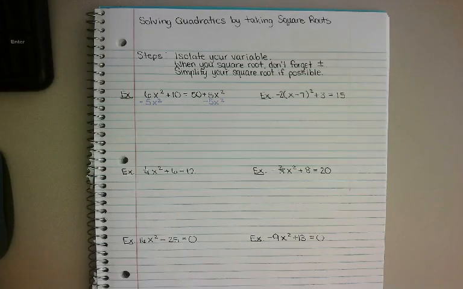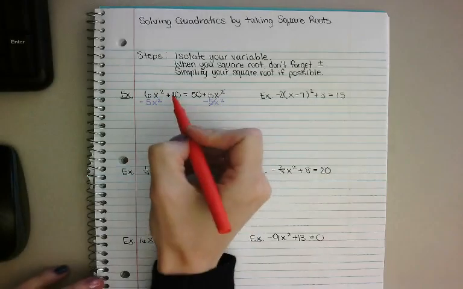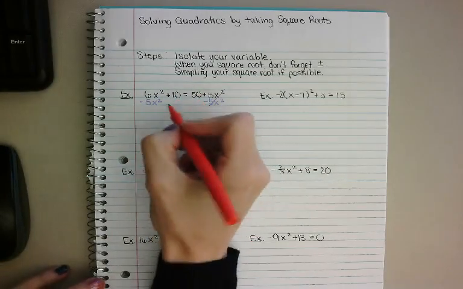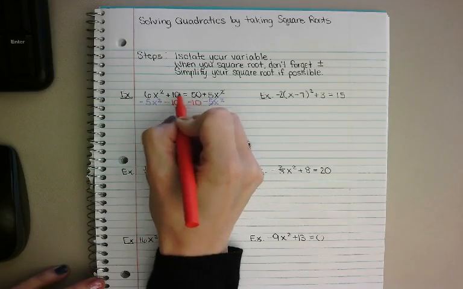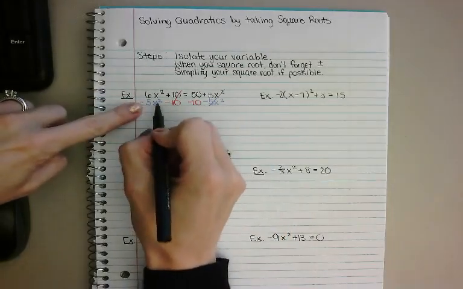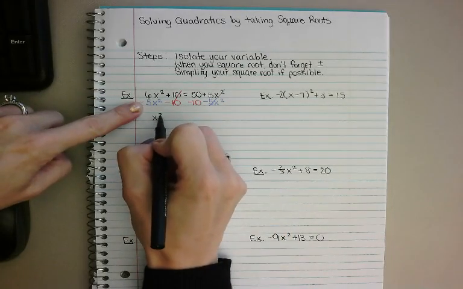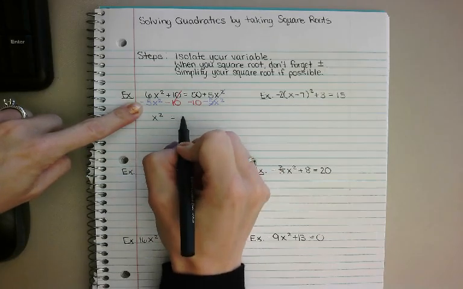And so if I move the x squareds to the left, then that means I want to move the whole numbers to the right. So I'm going to go ahead and just do two steps at once here. All right, so then I've got 6x squared minus 5x squared, which just leaves me with an x squared. Then I've got my equal sign. 50 minus 10 is 40.